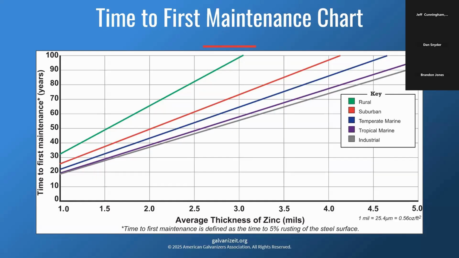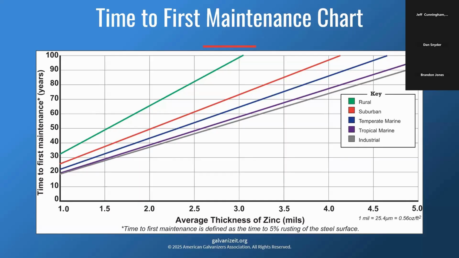Per ASTM standards, it requires at least 3.9 mils of zinc on any structural piece. So it's more like 4 to 5 to 6 mils most of the time, but 4 mils is a good estimate for any hot-dip galvanized piece. You can see that if we build in industrial environments, which are pretty corrosive and harsh, we're still looking at 75 years before we get to time to first maintenance.